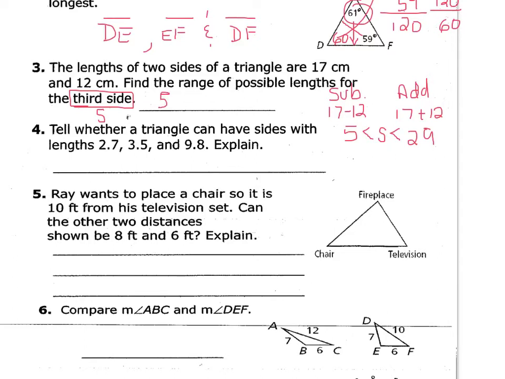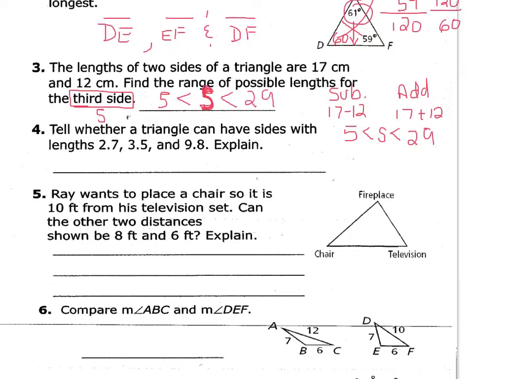Wherever the inequality symbol is opening to, that is greater. So in this case, notice that this is opening towards where the S is. So the S has to be greater than the 5, and also less than 29.